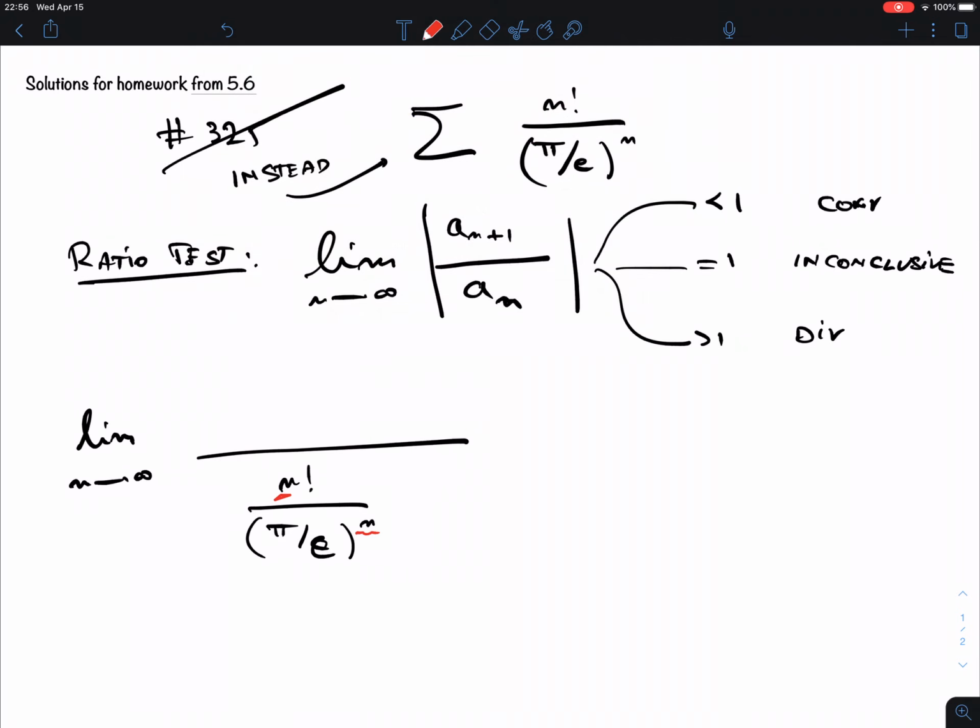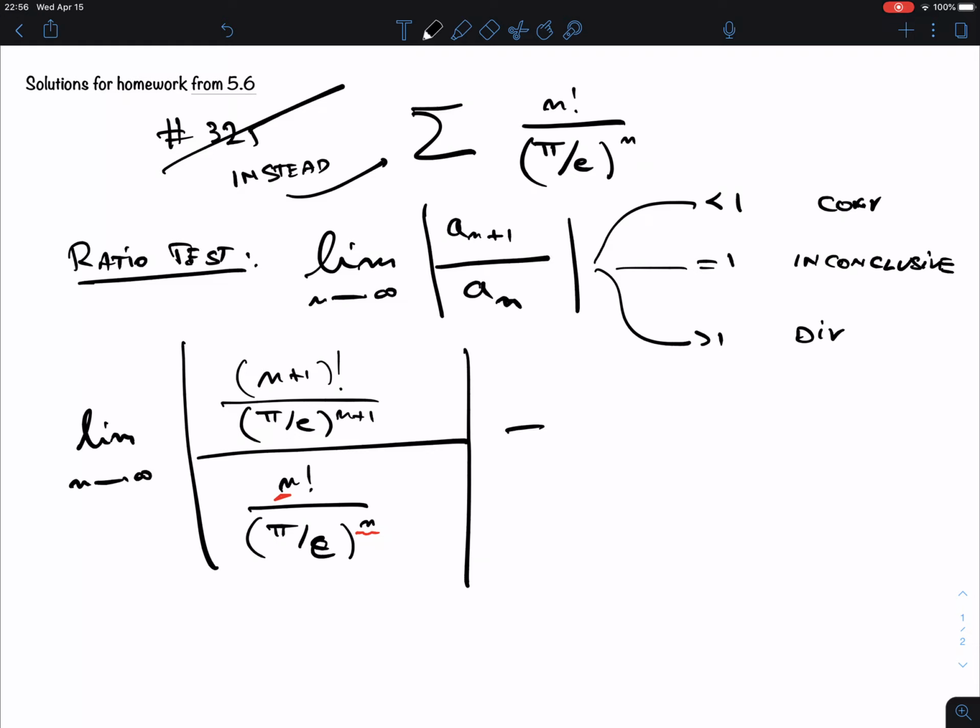So both have to be replaced now with n plus 1. So we get n plus 1 factorial, and then in the bottom pi over e to the n plus 1. And the whole thing has to have absolute values, but since everything is positive anyway, it's okay to leave them out. I'm not going to write them anymore.